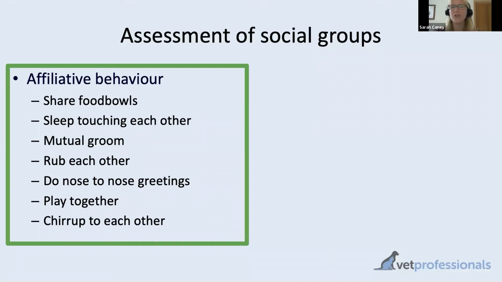They include sharing food bowls, sleeping, touching each other, grooming each other, rubbing each other, nose-to-nose greetings, playing together, and lastly, this chirruping noise that cats will often greet each other with, and sometimes do when they see ourselves as well. So that's all positive. That's tending to say, I like you.